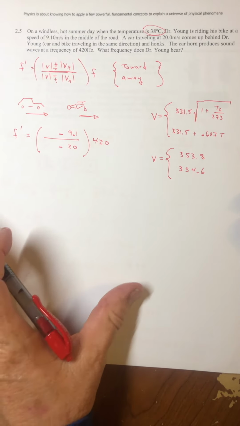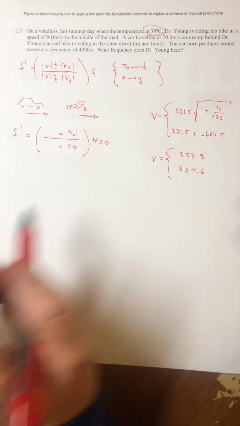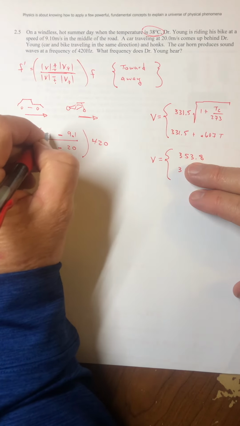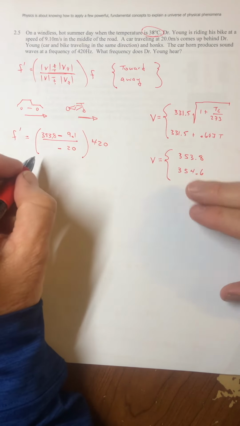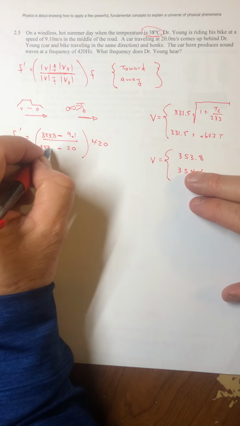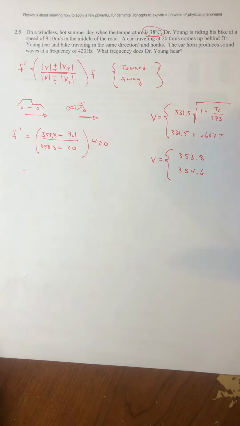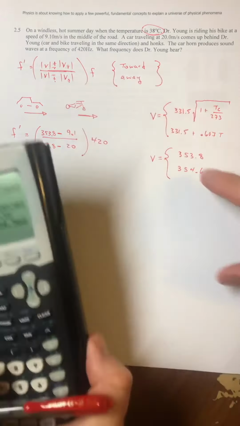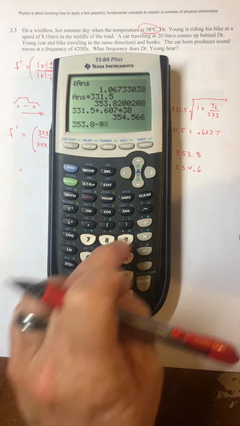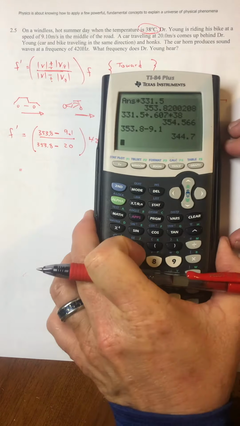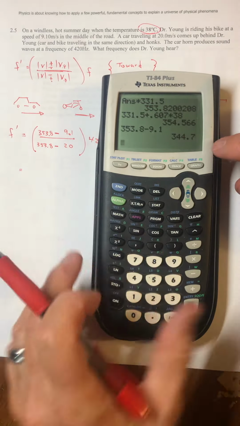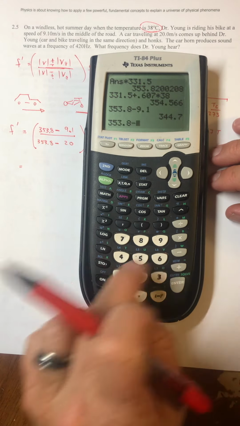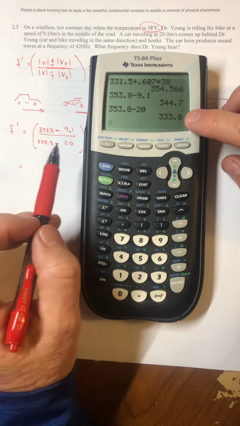I'm not really concerned about which one works or even the significant figures there. But as long as I did the more accurate one, let me put the more accurate one into my formula. So 353.8 minus 9.1 is the numerator, and 353.8 minus the 20 is in the denominator.